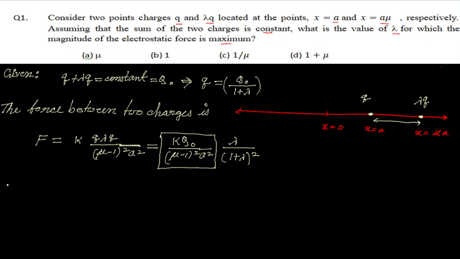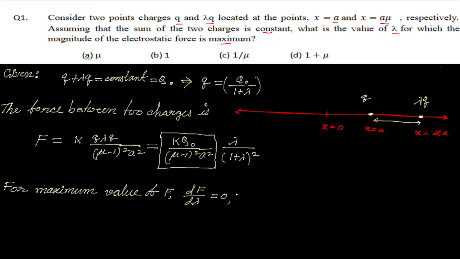So let me write here: for maximum value of F, del F by del lambda equals 0.